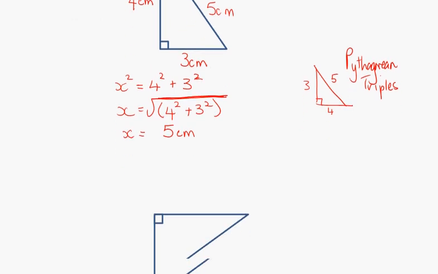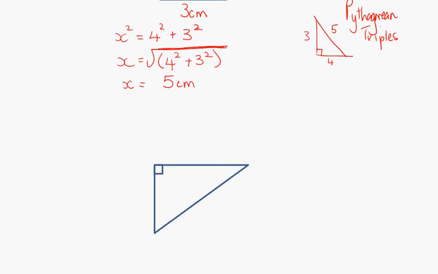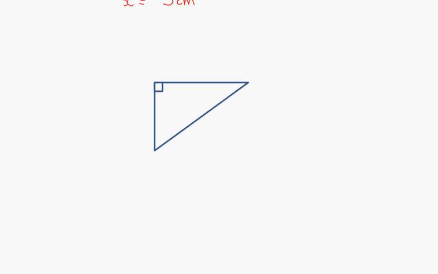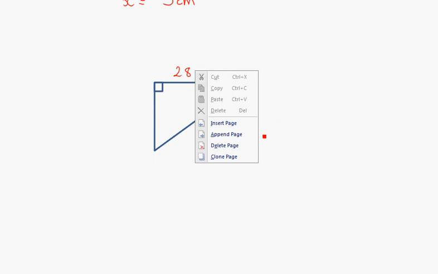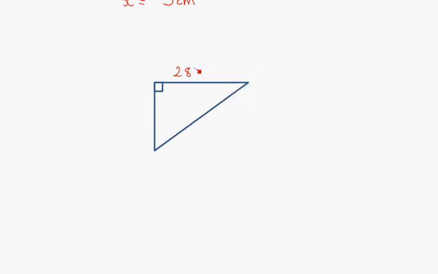Okay, let's try one with some decimals, not such even numbers. One side is 28.3 meters, the other is 15.8 meters, and we want to find the hypotenuse.